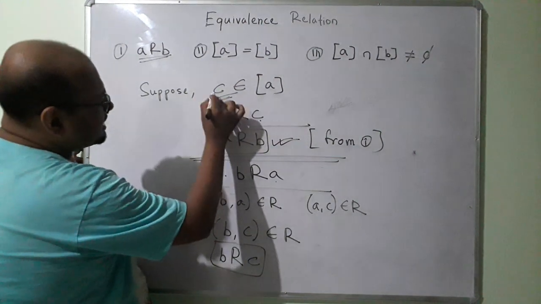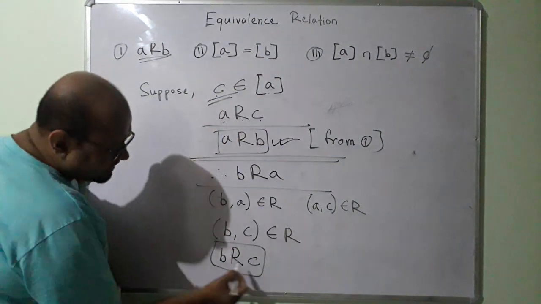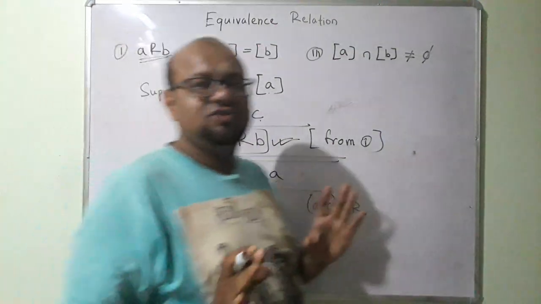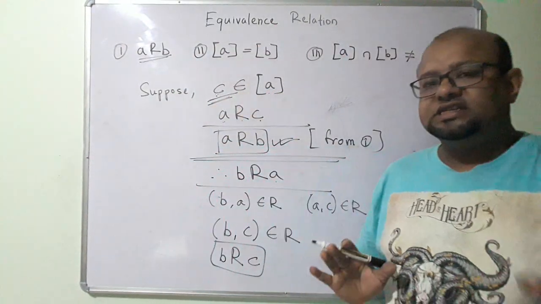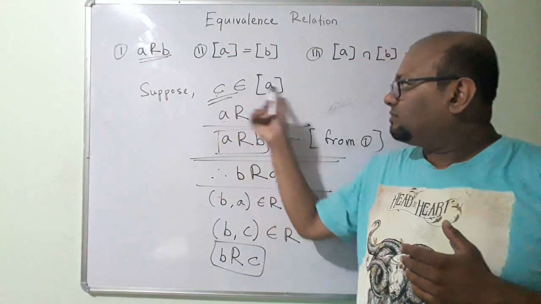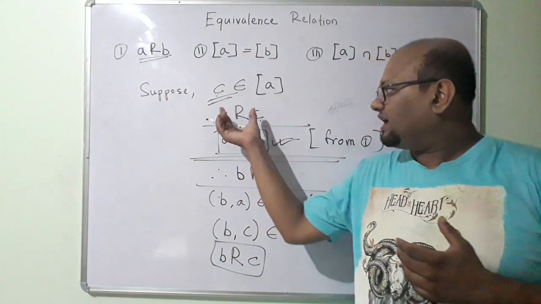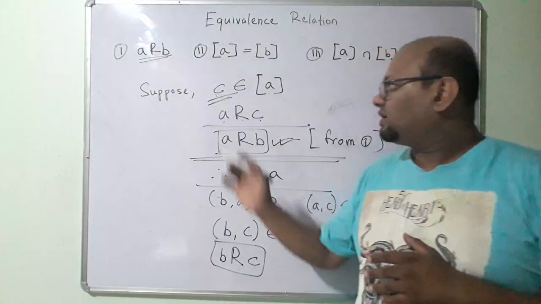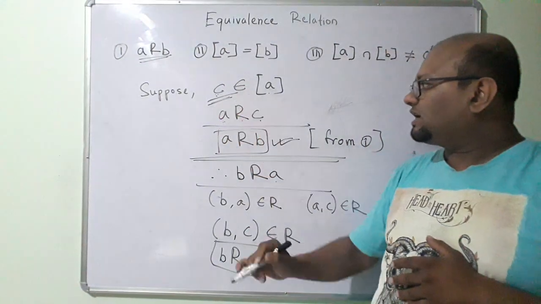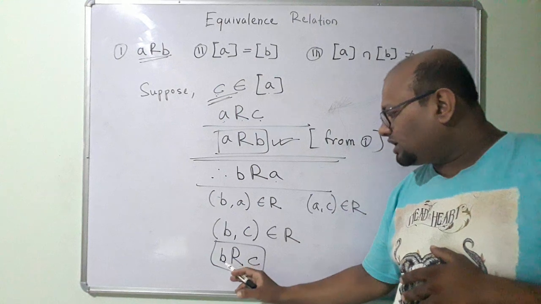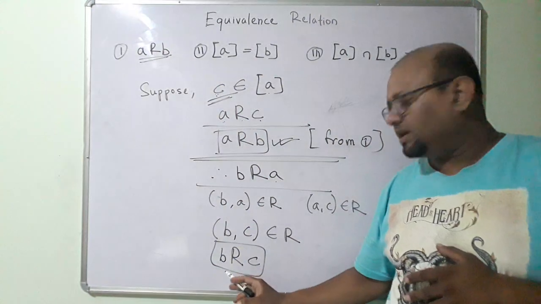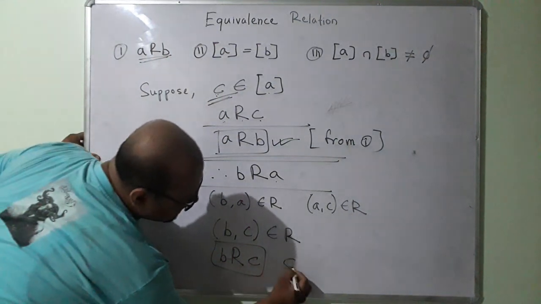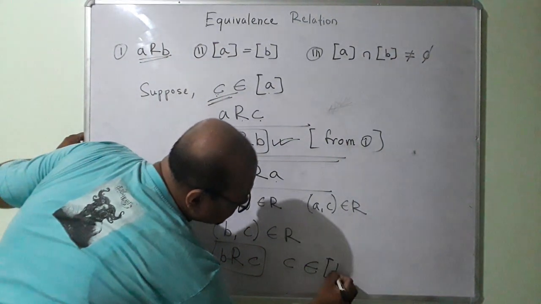This supposition that C belongs to A implies that C is equivalent to A. That is what AC being in this equivalence relation means: A is equivalent to C. So C is equivalent to A, and we have shown that C is also equivalent to B. This means that C is in the equivalence class of B.